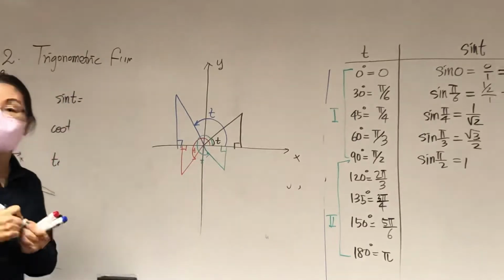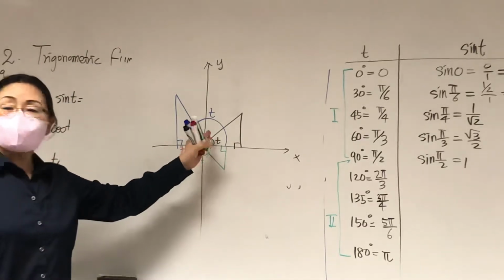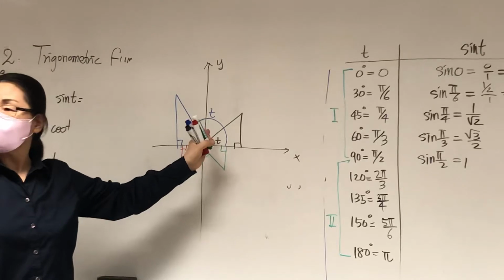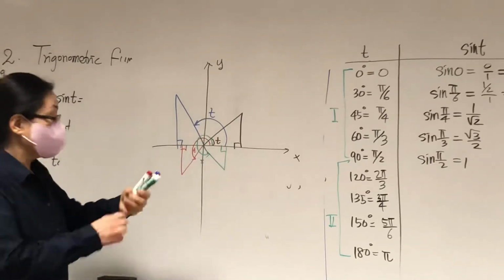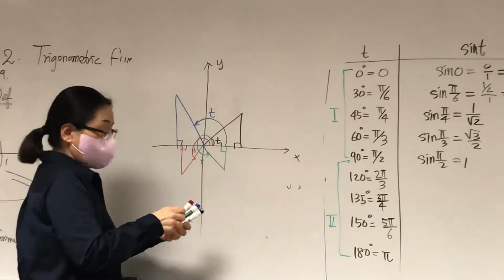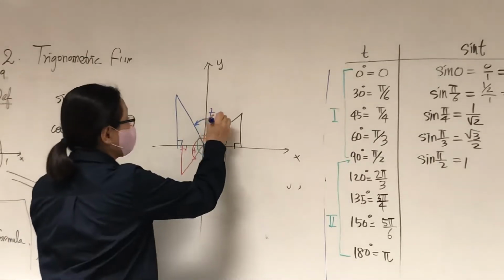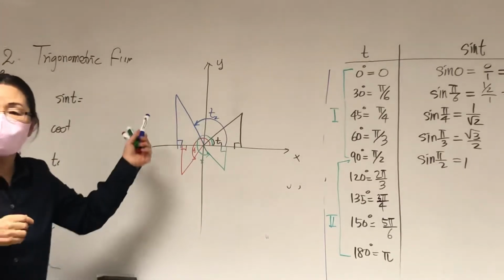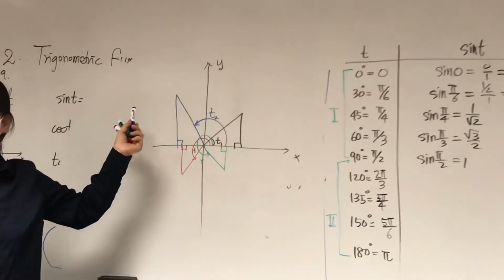Okay? So your black is the acute angle. Yeah? Your blue one is what? More than 90 degrees. Your terminal point is located at the second quadrant.